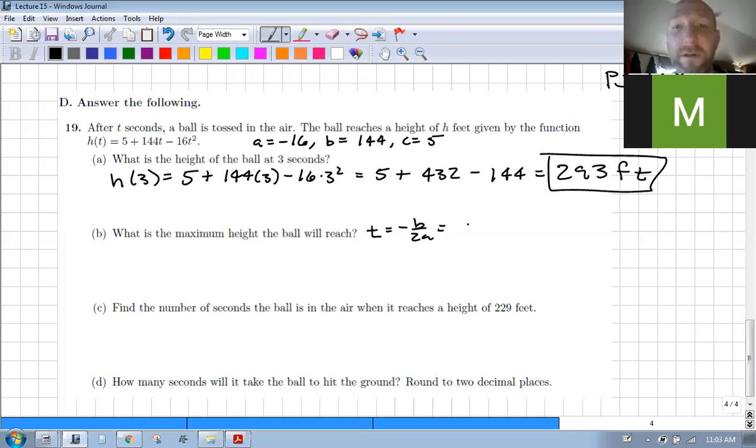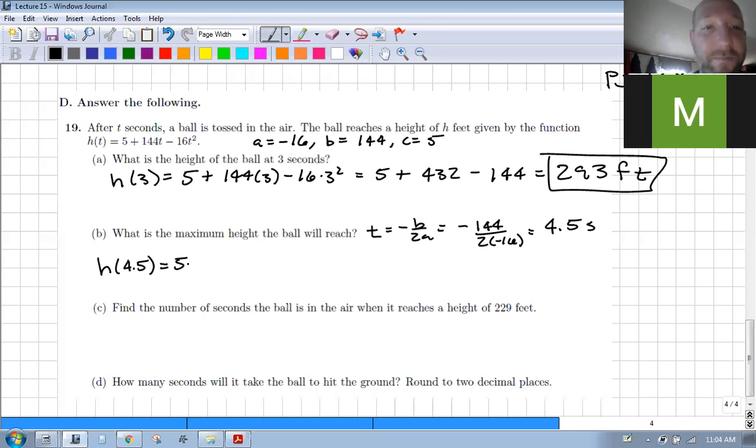So negative B over 2A. So yeah, 144 divided by 32 is 4.5 seconds. 4.5 seconds is when it reaches its maximum height. So to find out what the maximum height is at that time, we just plug it into our function.